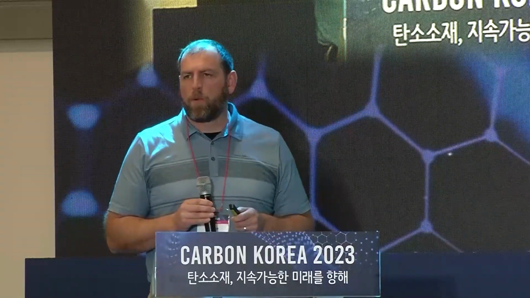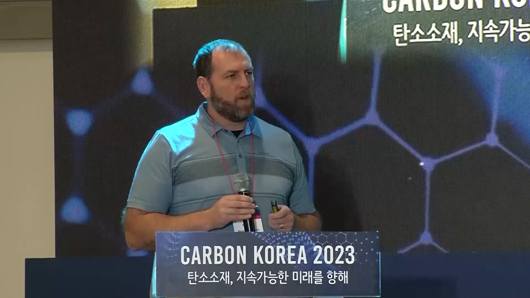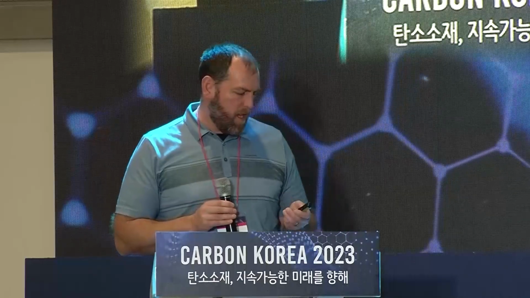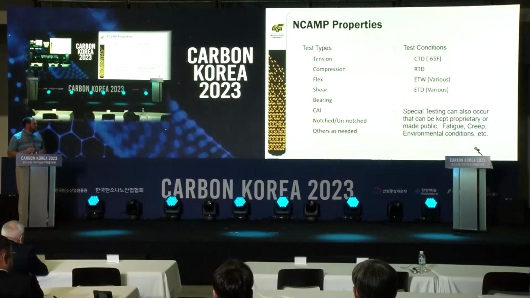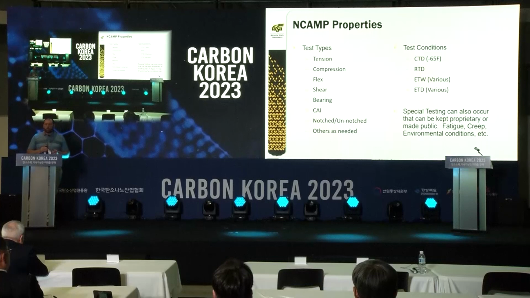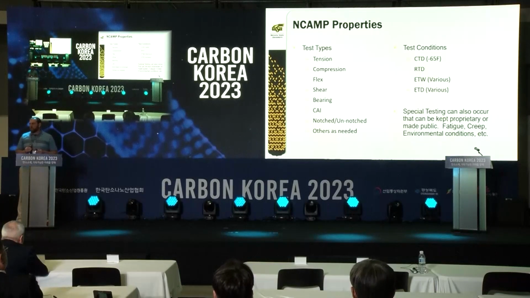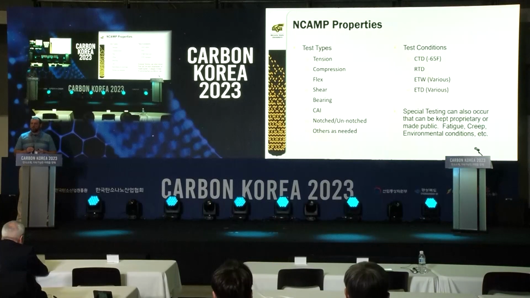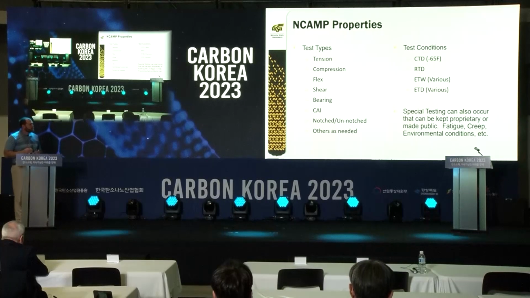The statistical analysis is done. 2 reports are generated: the statistical analysis report, as well as the material property data report. Those, along with the material spec and the process spec, are then published by the NCAMP staff to our NCAMP website. And once they are published, they are considered applicable for use by the FAA and EASA.